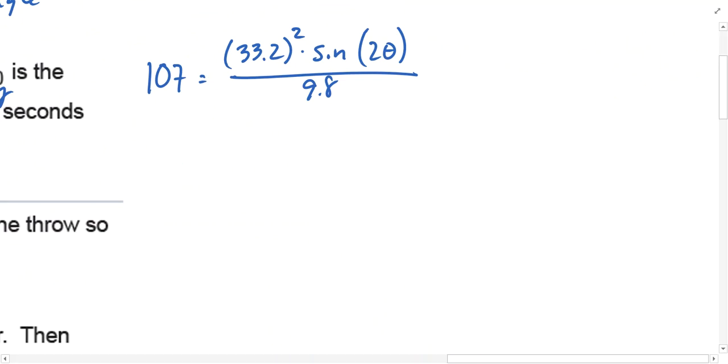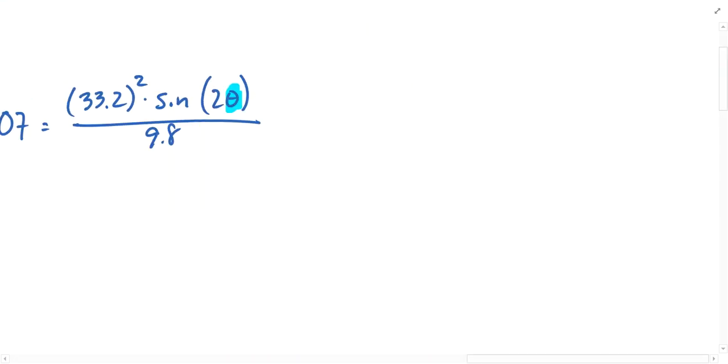So ultimately our goal is to get this theta value by itself for part A, and there are several ways that we could do this. You might see this as a double angle identity, and you may be tempted to rewrite this using a trig identity. And you could, sine of 2 theta is the same as 2 times sine theta times cosine theta.